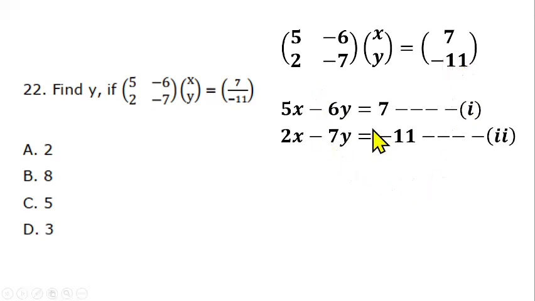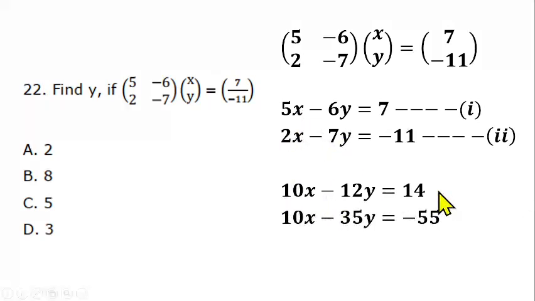We can now solve these two equations simultaneously. So we can multiply equation 1 by 2, multiply equation 2 by 5 as well. So we have this and this. Then we can now subtract. So we remove equation 1 from equation 2. So we have 10 minus 10 gives us 0.